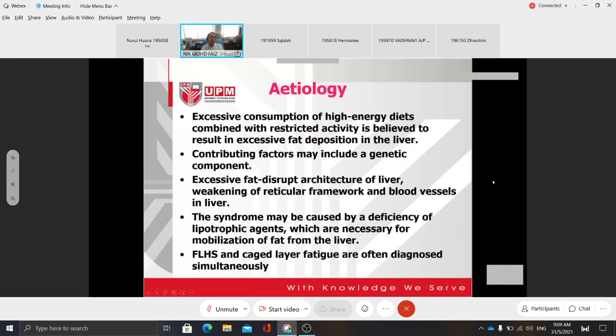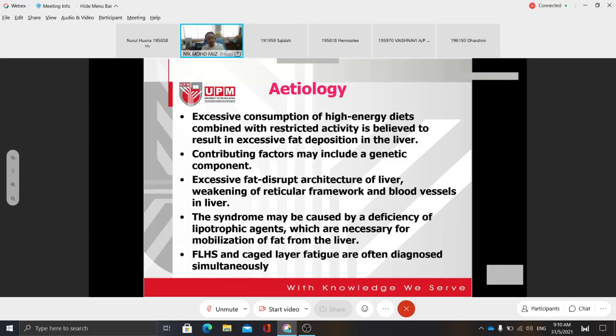The etiology is said to be excessive consumption of high energy diets combined with restricted activity, which results in excessive fat deposition in the liver. Contributing factors may include a genetic component, and some say it may be related to aflatoxin as well. There are a lot of things that may contribute to it.